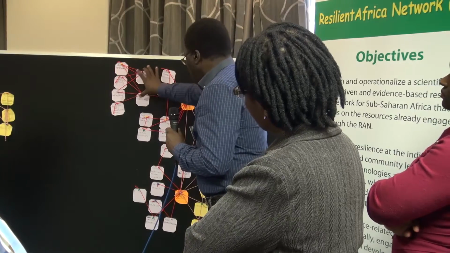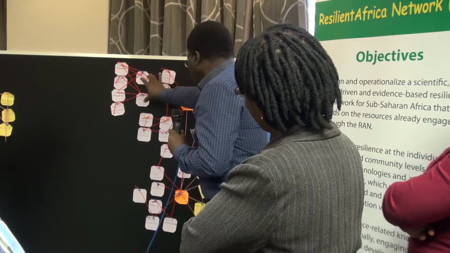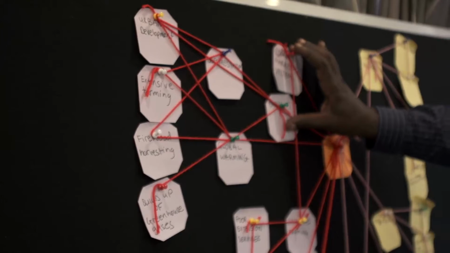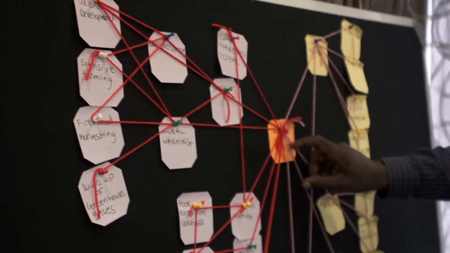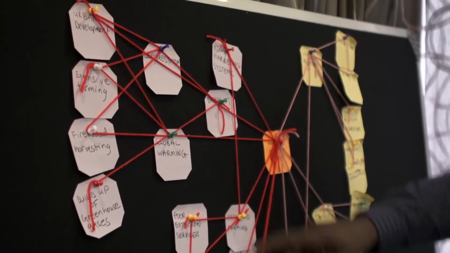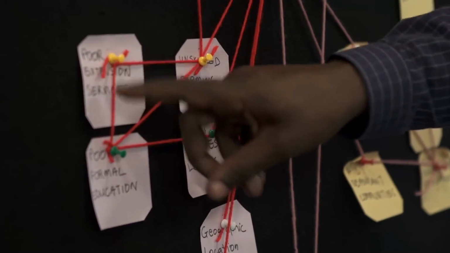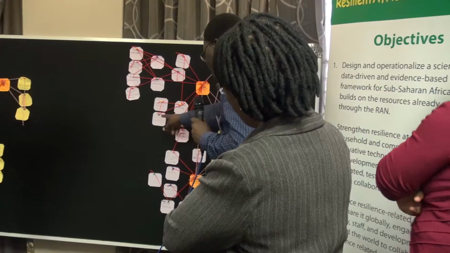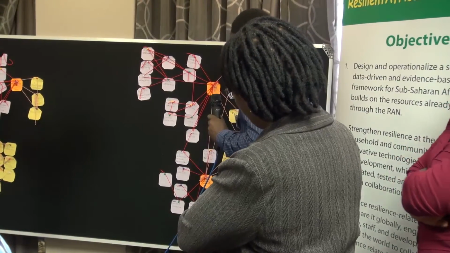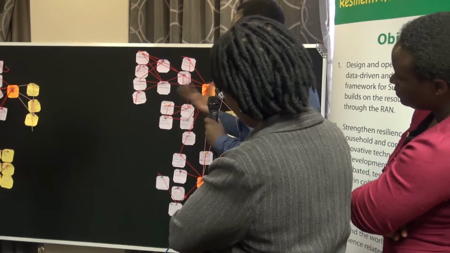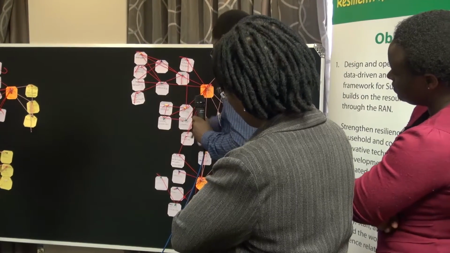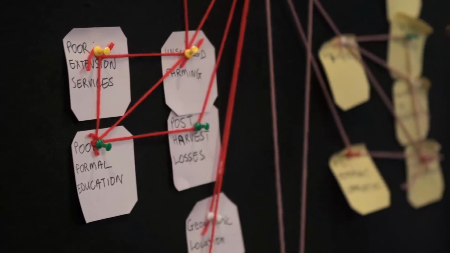So these may affect that, and these affect that, and end up there. In terms of unskilled farming, we can say that might be caused by poor extension services and poor formal education. So people can't understand the skills involved in the farming.